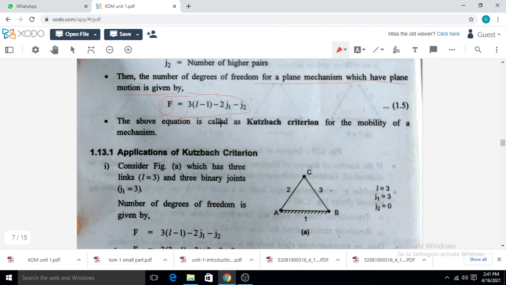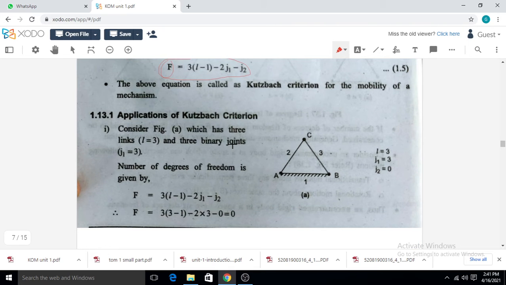So we can apply this criteria to find the degree of freedom of a mechanism.